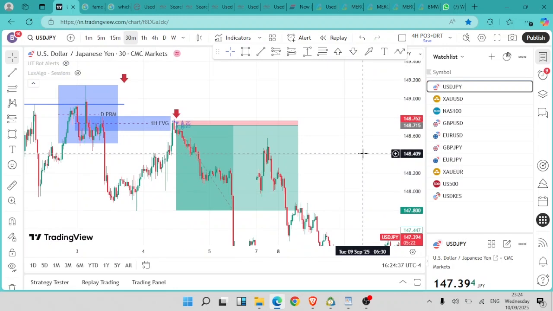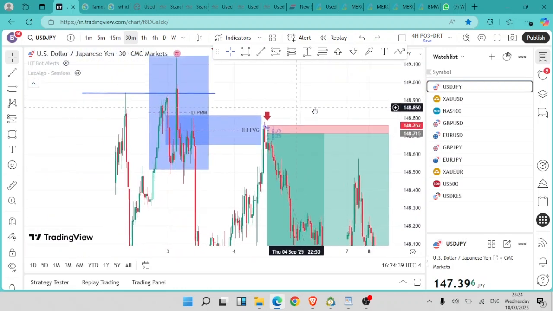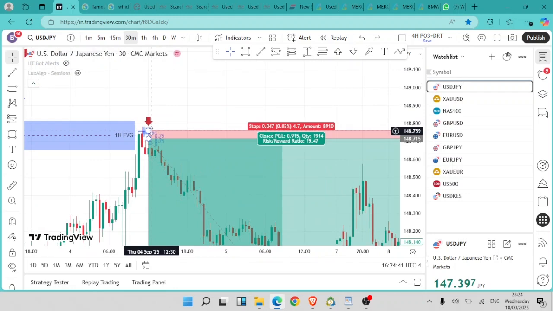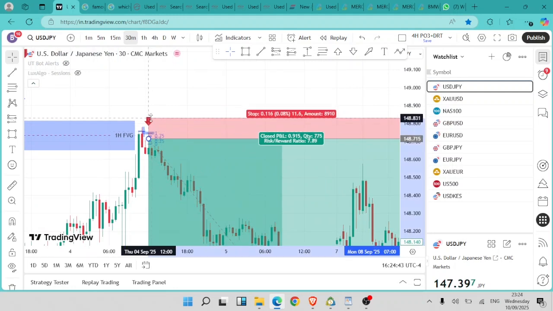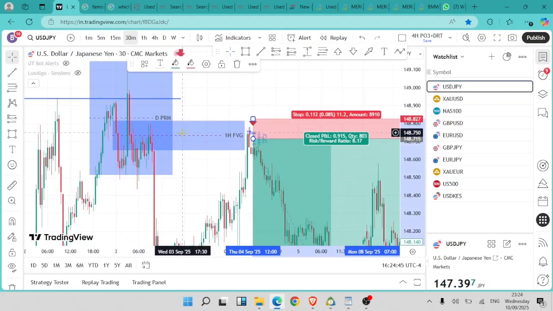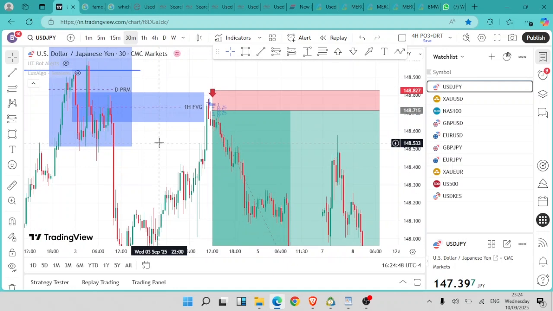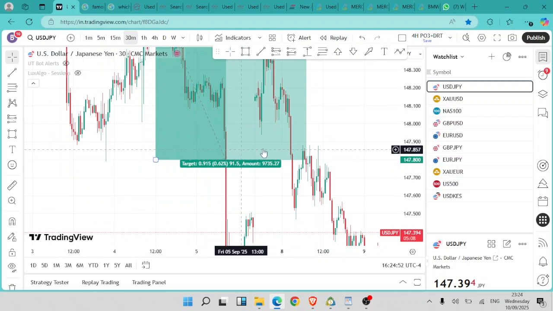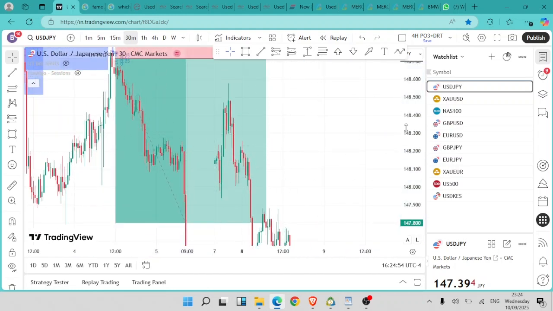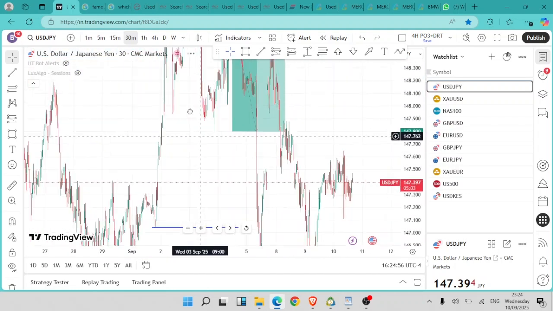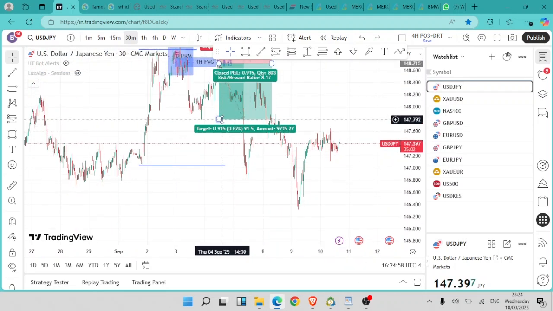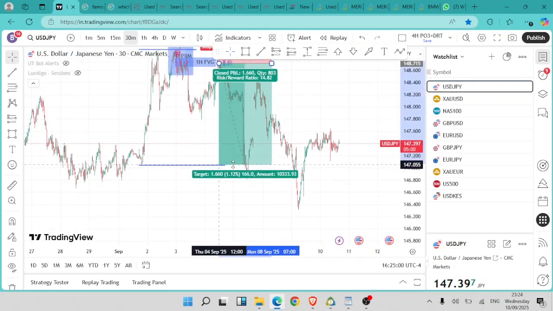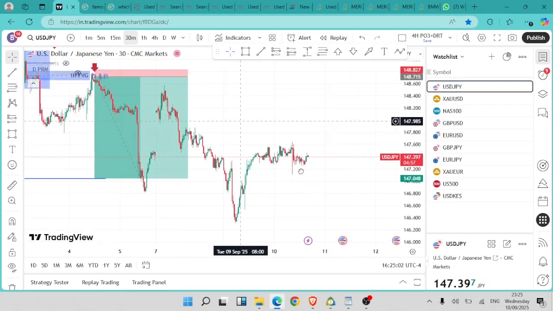But that is just with refining this model. Now you can be a bit more conservative and place your stop loss above this 1 hour fair value gap. Placing a stop loss there and taking profit at this point, you will have a final risk to reward ratio of 14.48. Let us work with that.